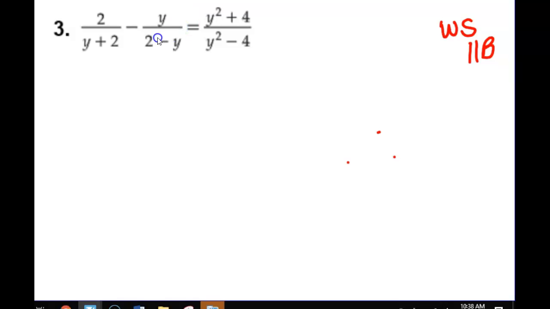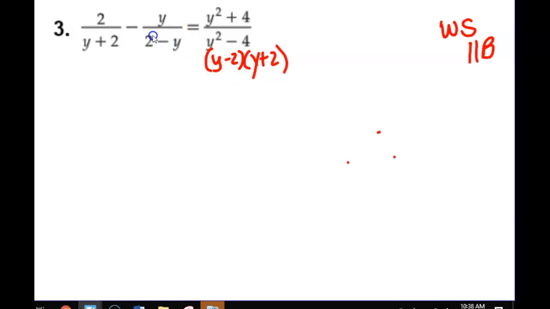All right, so, ooh, this is kind of icky. Does anybody know if we factor this, we have a y minus 2 and a y plus 2? But this is not the same as a y minus 2, right? And I'd really like for the common denominator to be y plus 2 and y minus 2. That would go much nicer.